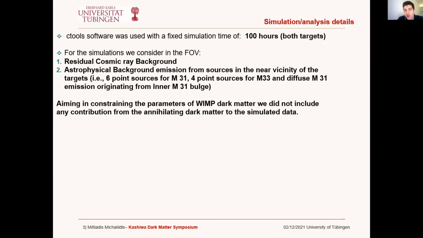We proceeded with constraining the parameters of WIMPs, weakly interacting massive particles, as possible dark matter candidates. Of course, we did not include any contribution from annihilating dark matter in the simulated data.